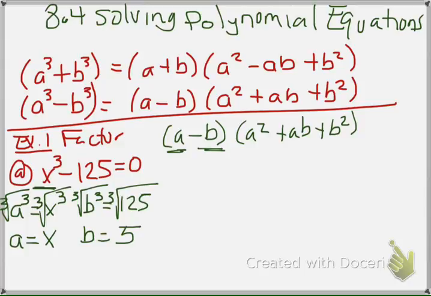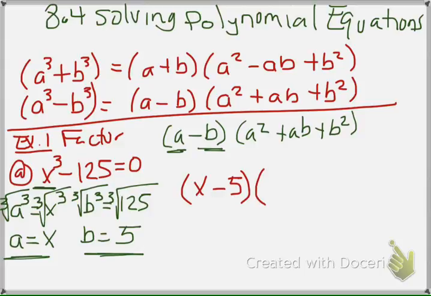So, do you understand how we got A and B? Cube root. And in case you don't know it, you have a calculator to do it, or play around with numbers. Do 2 times 2 times 2. Nope. 3 times 3 times 3. Nope. Figure out what it is. And all you do here is just substitute back into the equation. So here, who's A? X minus, who's my B? 5.